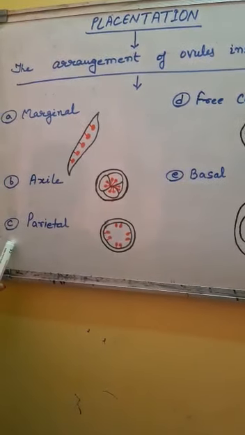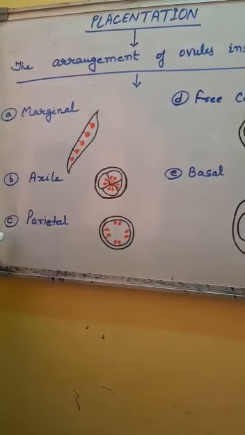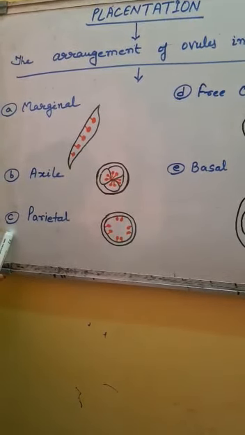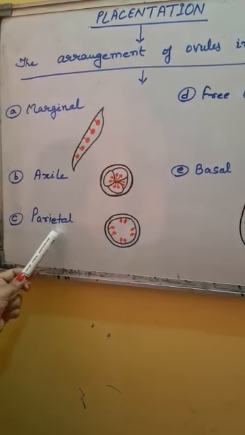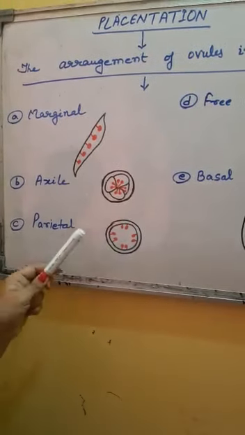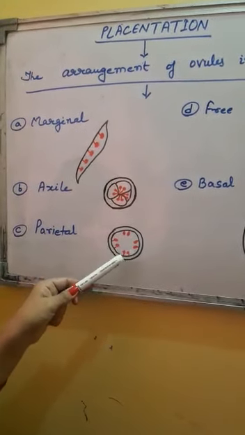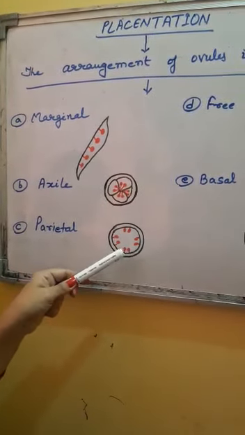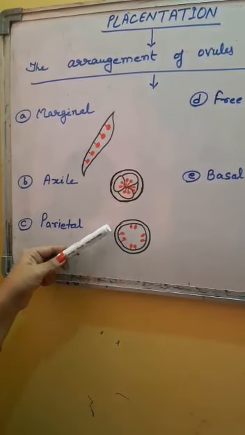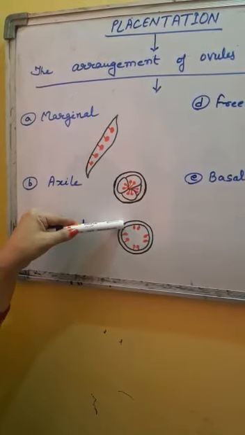The third placentation is called parietal. Parietal placentation is found in mustard and cucumber. Here, the ovule develops on the inner wall of the ovary at the periphery. You can see the placenta is present on the inner wall of the ovary at the periphery.